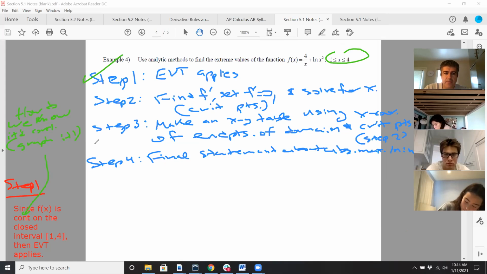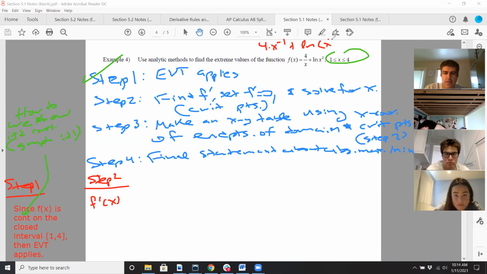Step 2. Find your derivative. So this is the fun part. Before I get too carried away, let's write this as 4 times x to the -1 power plus natural log of x squared.